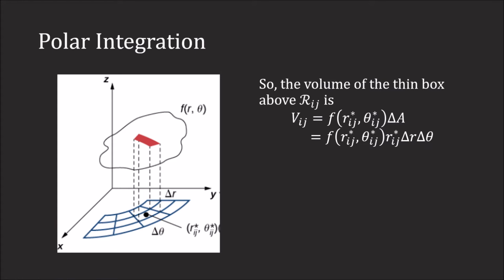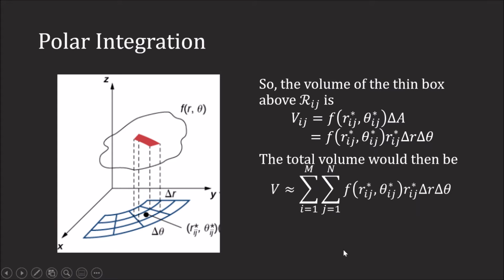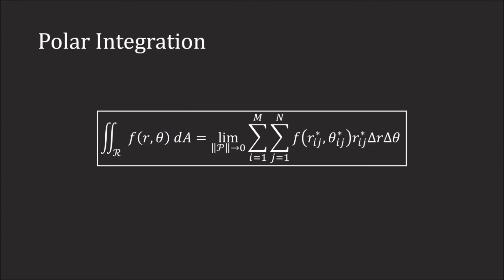So the total volume would then be approximated by this double summation here. Using the same notation as we did with Cartesian when we first started studying double integrals, we will get the following. The double integral over the region R of f of (r, theta) dA is this limit right here.